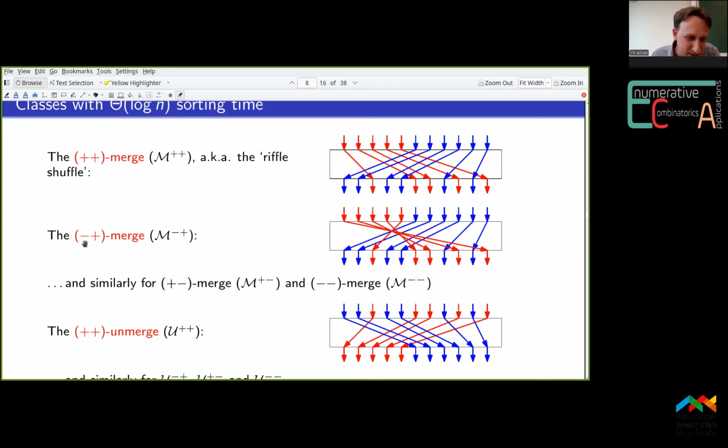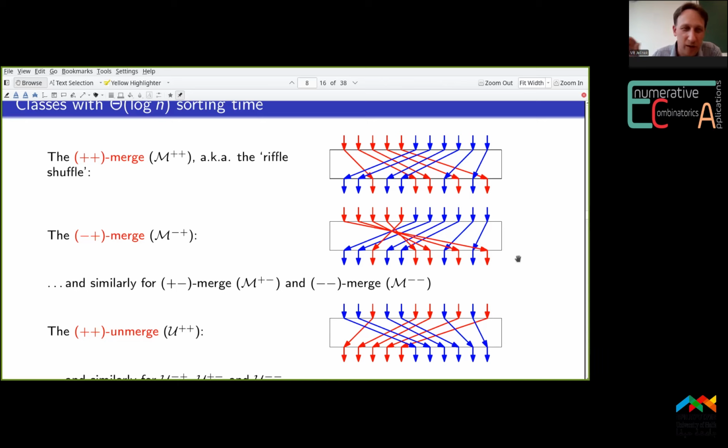Closely related is the minus plus merge, which is essentially the same, except before merging the red and blue part, I reverse the order of the red elements. Likewise, there will be the plus minus merge, where I reverse the blue elements and keep the red elements in the same order, and the minus minus merge, where I reverse the order of the red and also reverse the order of the blue, and then merge them arbitrarily.